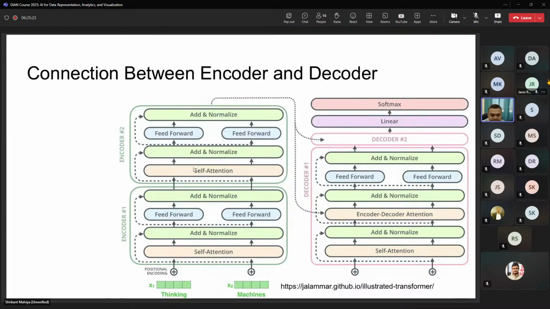Based on the number of encoding nodes, that many times the encoding process will happen, and this output will be utilized in the decoder process, where again there will be n number of decoding nodes. Because their inner engineering is like that, they have the capability to process as many patterns as there are in the input.